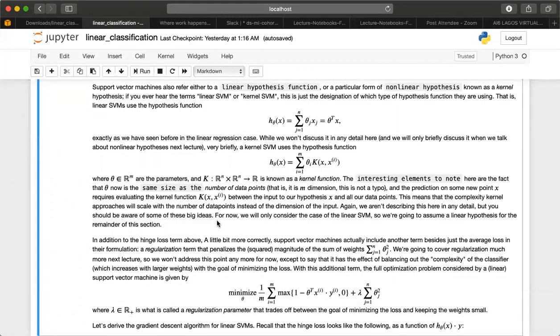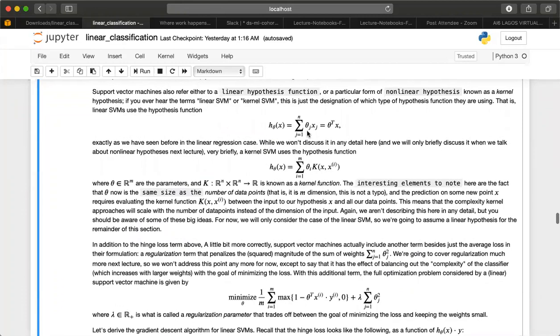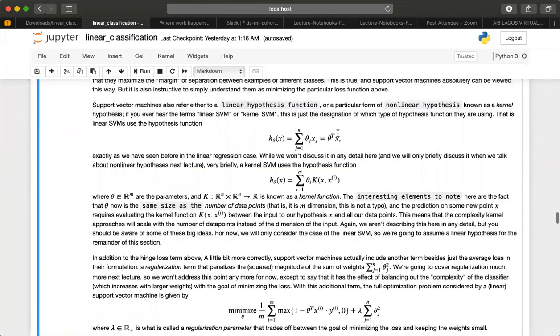But for support vector machines, you have the linear SVMs and the kernel SVMs. Basically, you would want to use a linear SVM when you have linear data. When I say linear, it's basically saying you want to use a line to classify the data points.